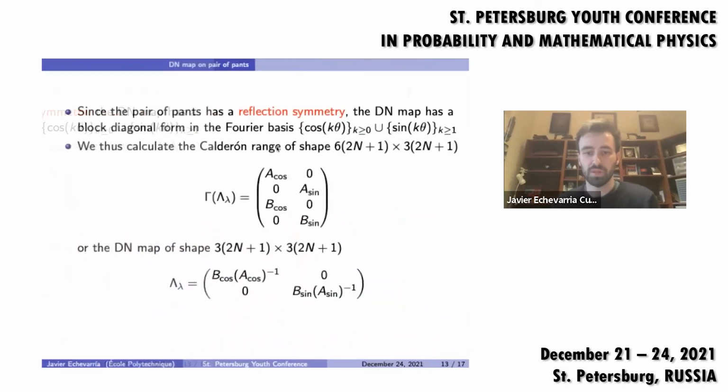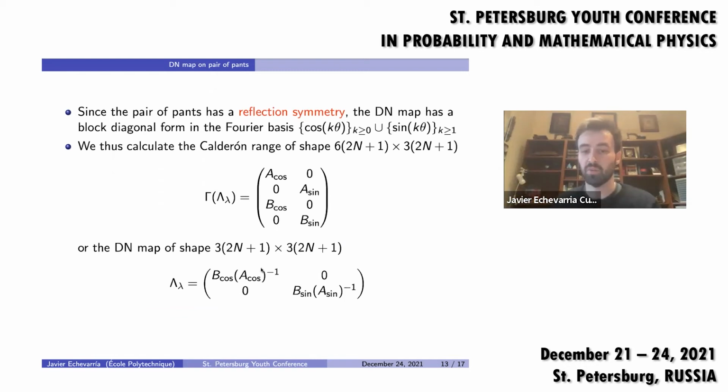So if n is our number of modes, we obtain this matrix with the coefficients, this is the Calderón range. This is the matrix, the graph that I presented at the beginning, but now in matrix form, split into odd, cosine and sine. And then from this, we obtain the actual Dirichlet-Neumann map.